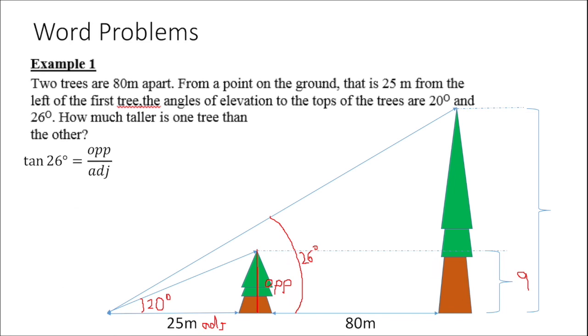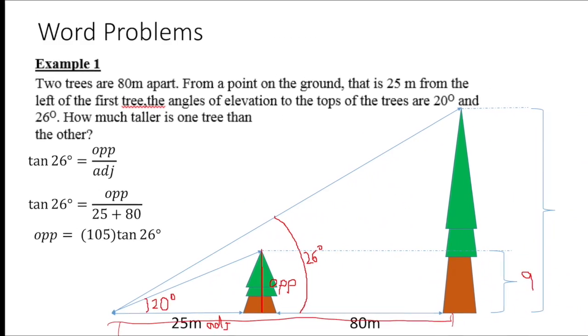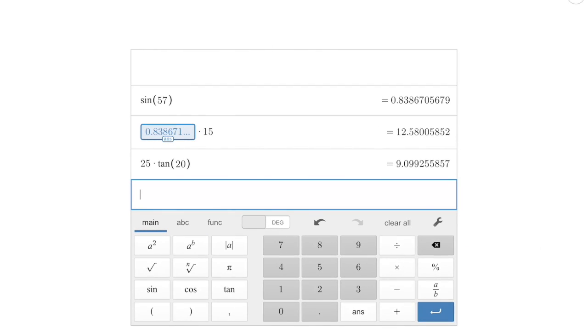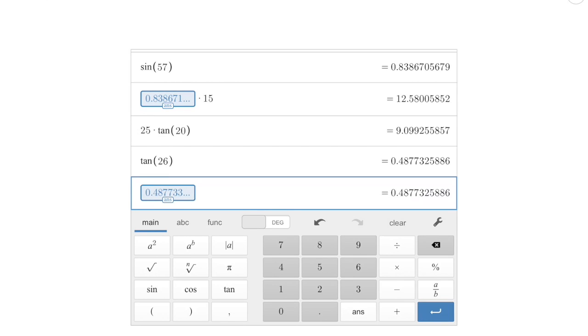My next step will be to find the length of the next tree. 25 plus 80 is this length right here. But we know that the angle now is 26 degrees. So we have to multiply 105 by tan of 26.